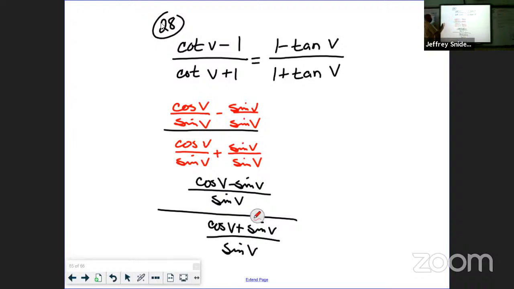That would be the same as this. What happens when you have the same denominators like this and you end up flipping this one? They cancel. So what you're going to get here is cosine b minus sine b over cosine b plus sine b. Is that going to help us?